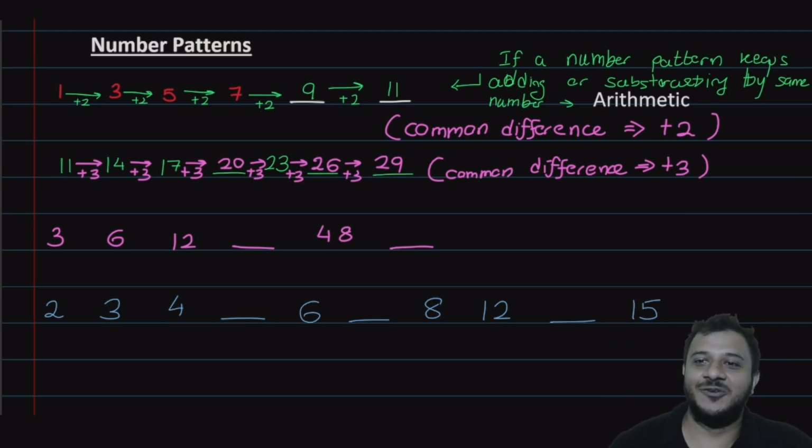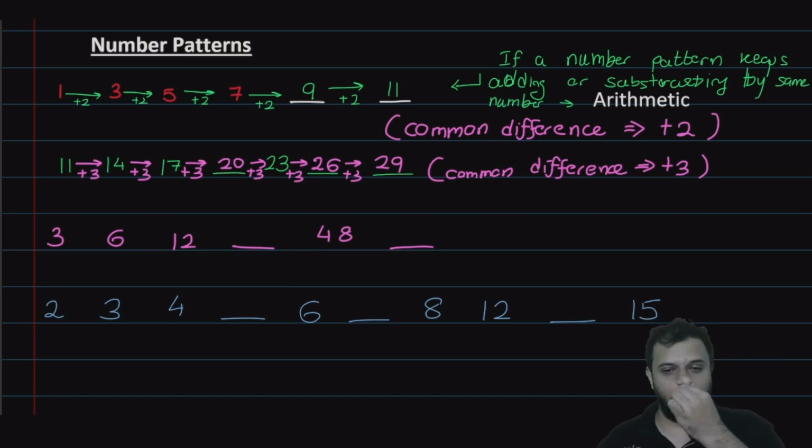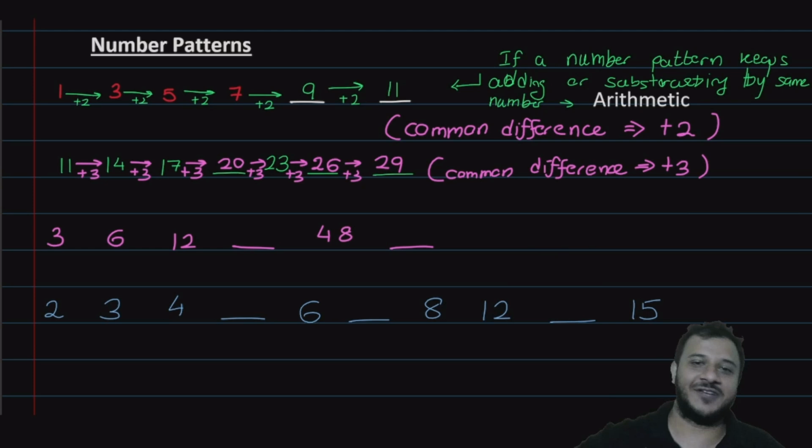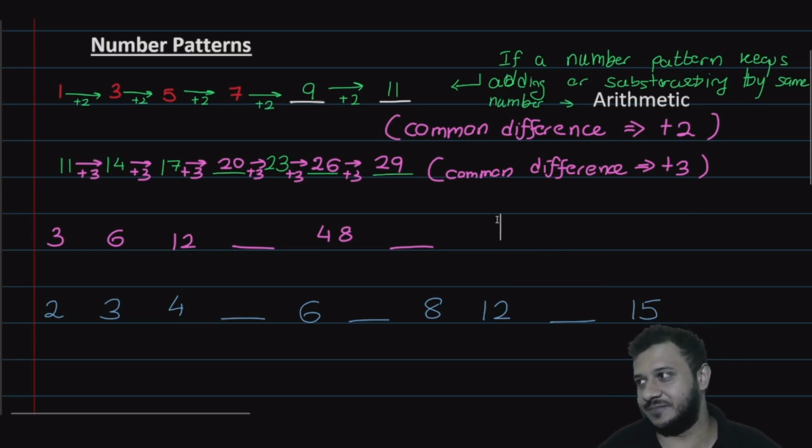These types of questions are very popular in O-level papers, and moreover, until grade 10, if I'm not wrong, this arithmetic number pattern is going to come up in your exams. The one after that is called geometric number patterns, the one which we are going to learn here.